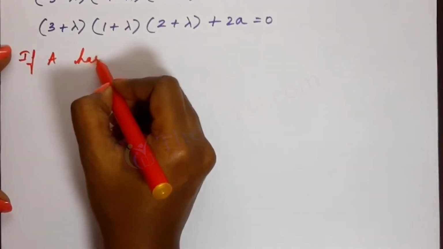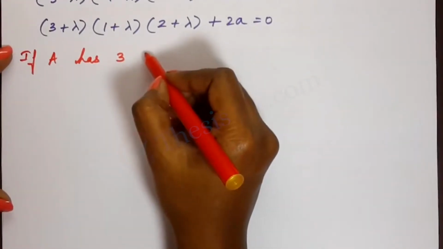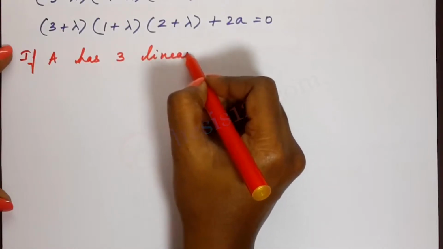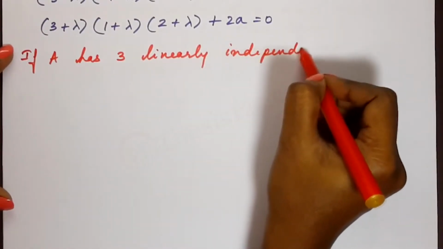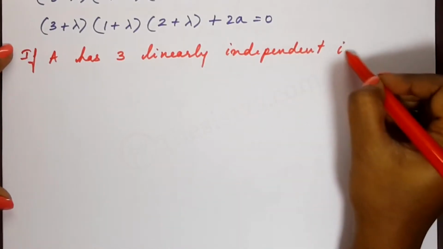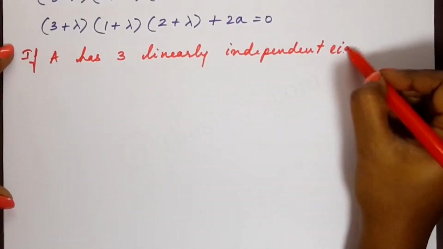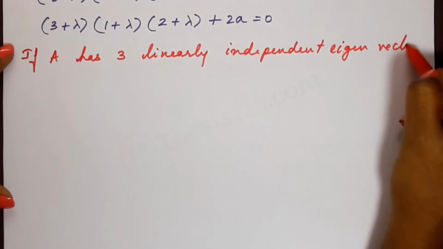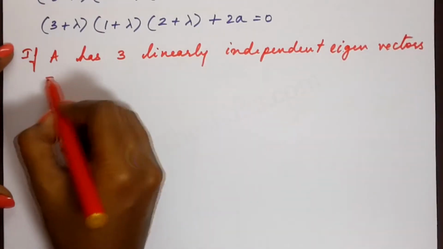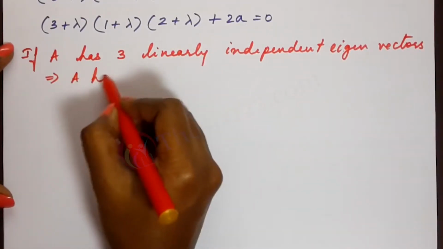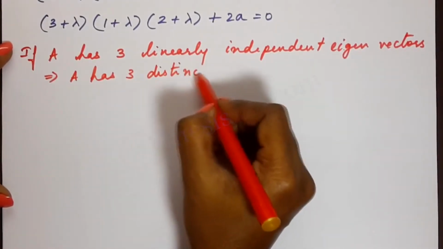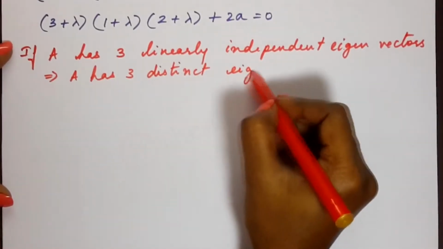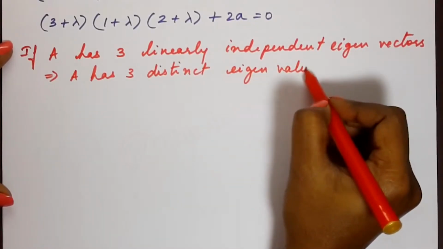If A has 3 linearly independent eigenvectors, then that implies that A has 3 distinct eigenvalues.